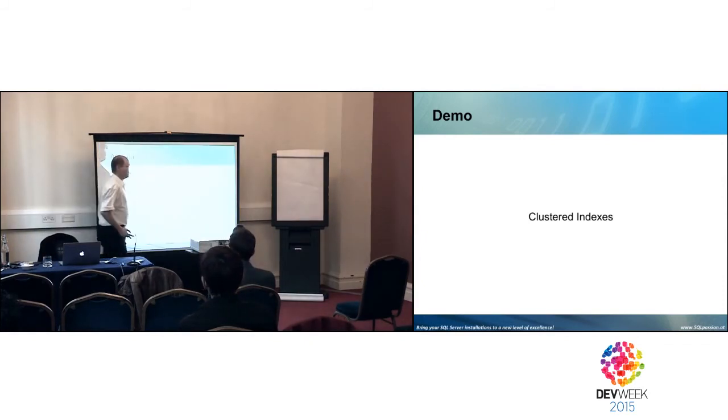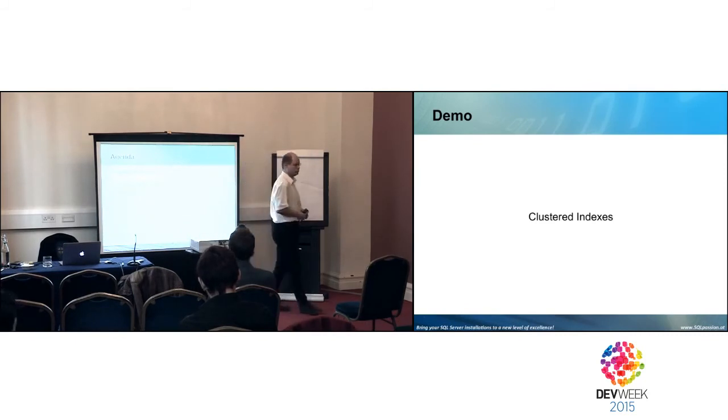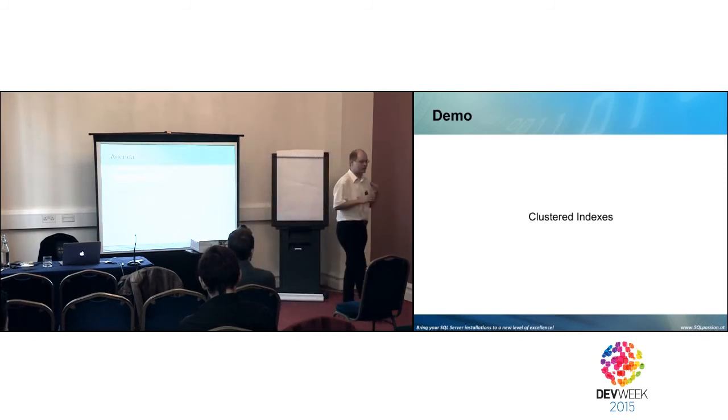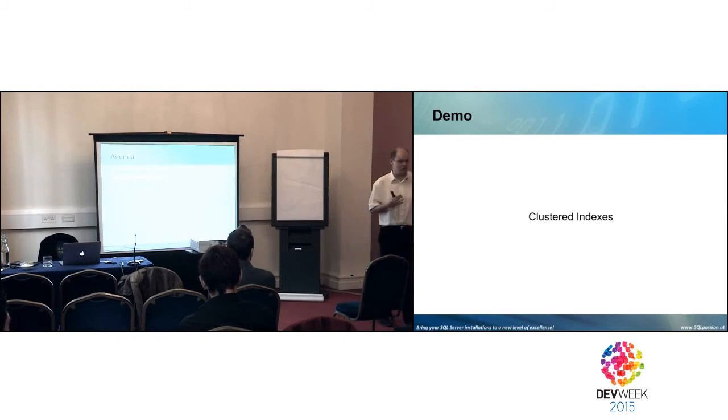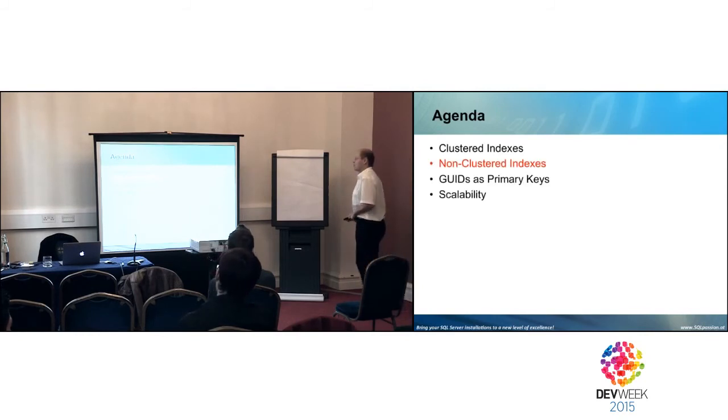So we have now created a clustered index on a table. We can do that explicitly with the create clustered index statement. We can do it implicitly by defining a primary key constraint. In addition, we have the possibility to create non-clustered indexes in SQL Server. A non-clustered index is just a secondary index.